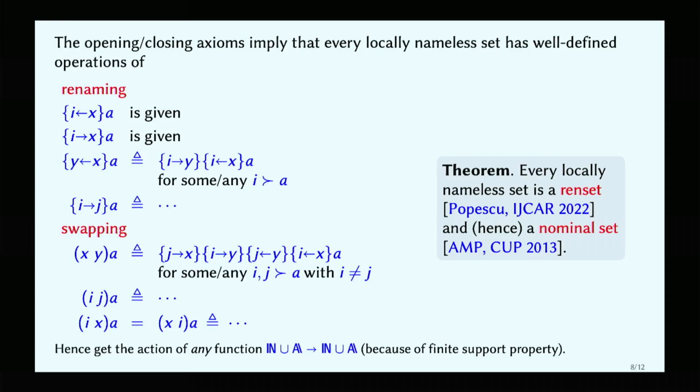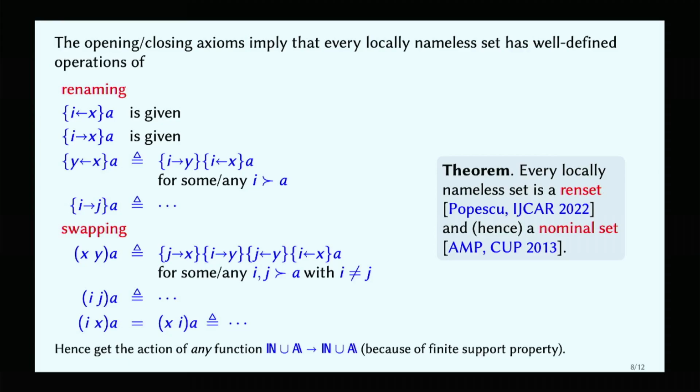So these definitions have the expected properties in the sense that Andrew Pitts has a notion of finitely supported renaming set, which is a similar sort of axiomatization, and this definition here satisfies his axioms, and everything like that is a nominal set in the sense of myself and Jamie Gabbay. But never mind about that.